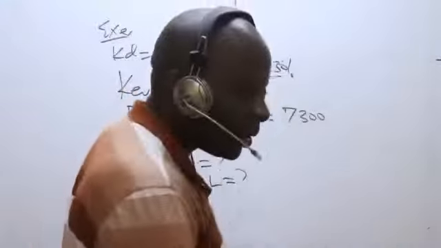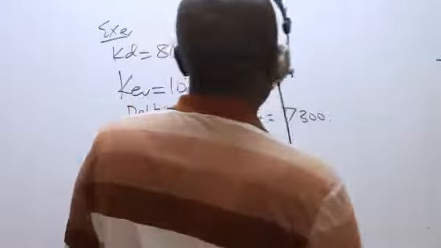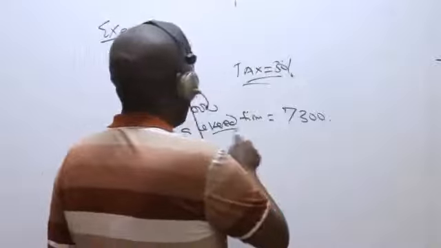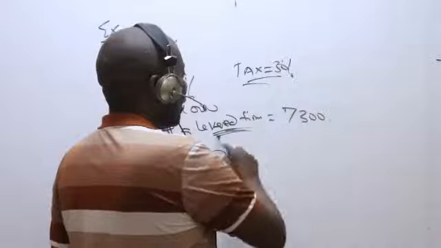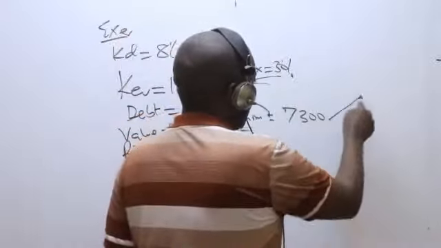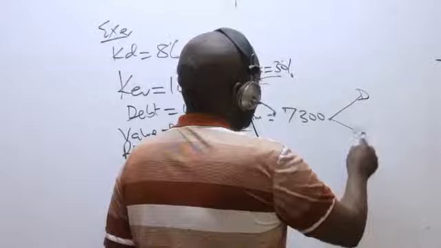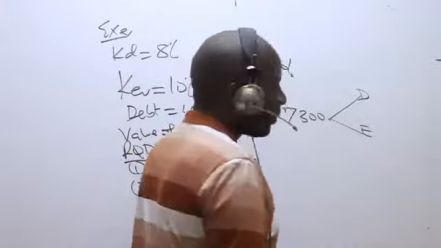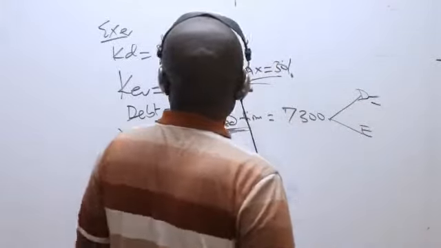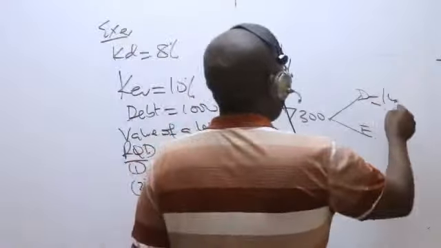So remember, what a good student will do even in first year, when they give me the value of a levered firm, I'll come and break it down into debt and equity. The debt has been given here as 1,000.